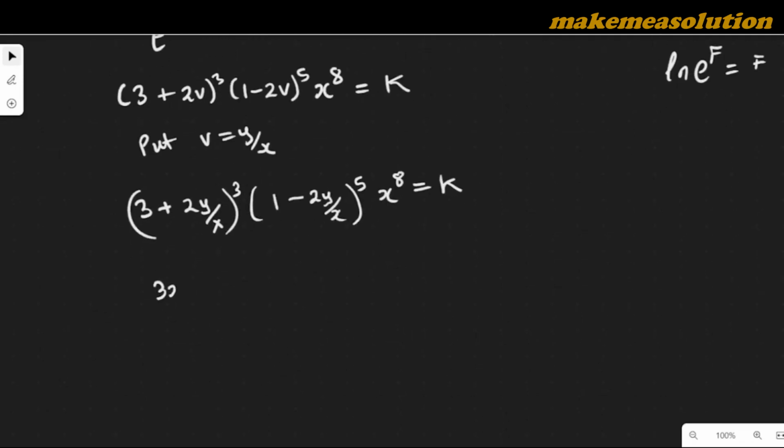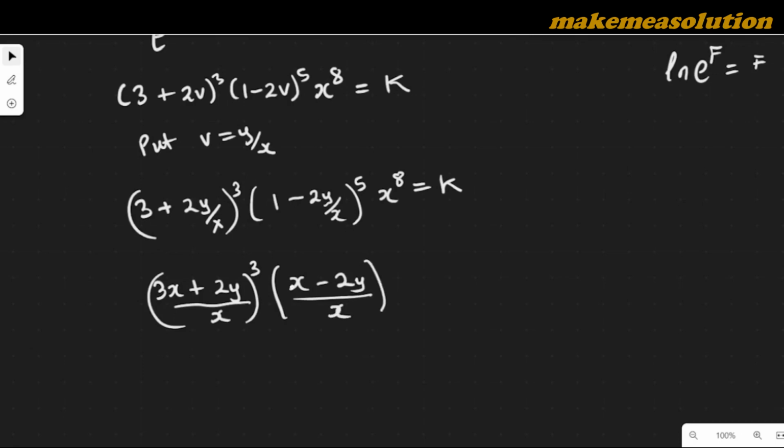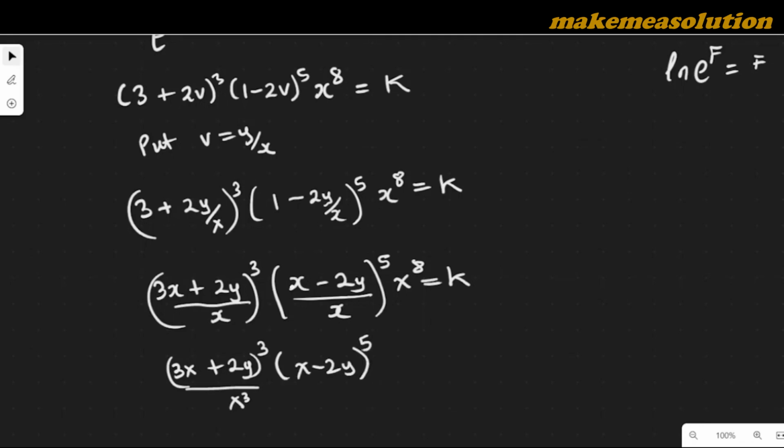You have ((3x + 2y)/x)^3, and you have ((x - 2y)/x)^5, then x^8 equal to k. So (3x + 2y)^3 over x^3, and (x - 2y)^5 over x^5, then x^8 equal to k.